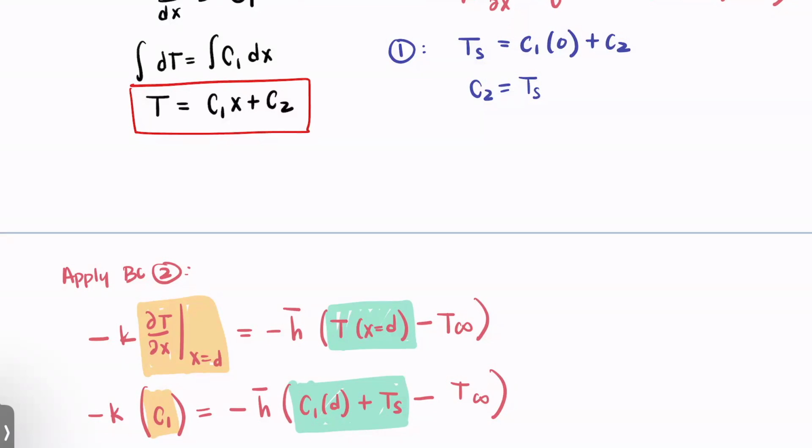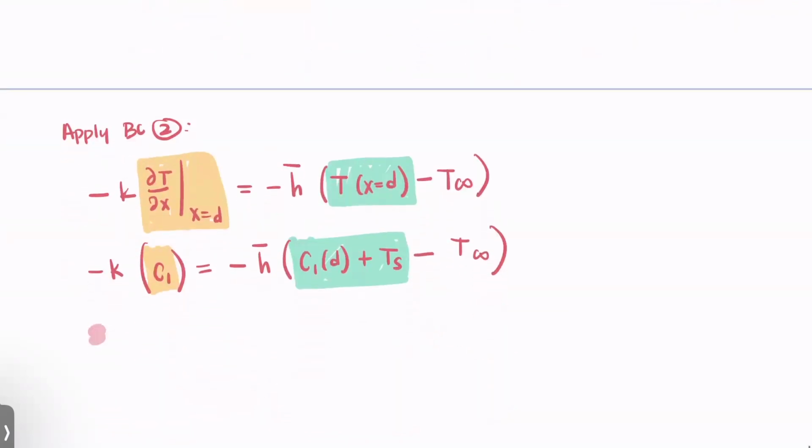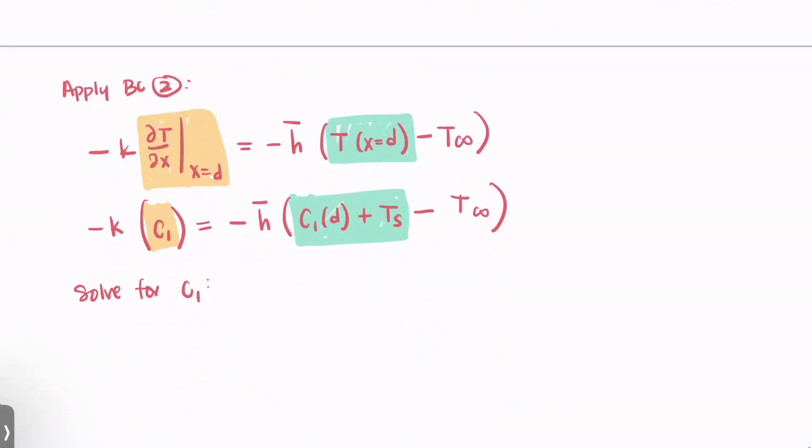Okay. So now what I'm going to do is solve for C1. So I have minus k C1 plus C1 h bar d is equal to h bar times T infinity minus Ts.